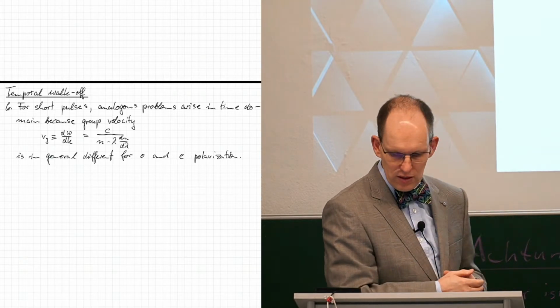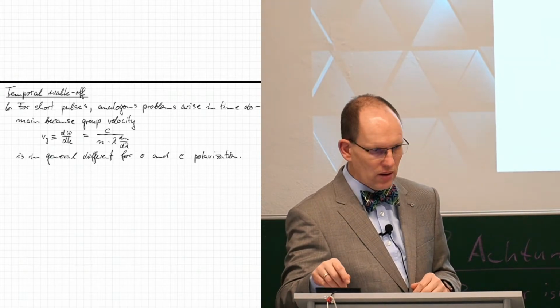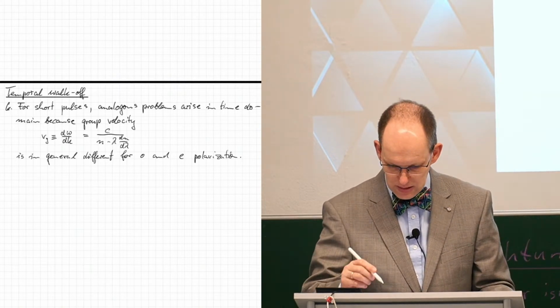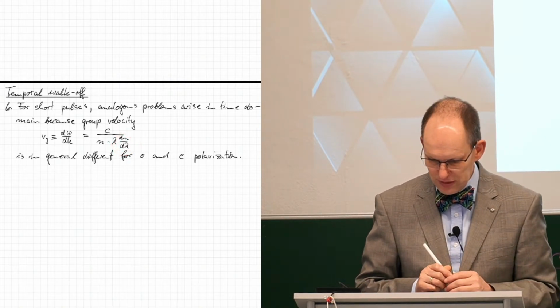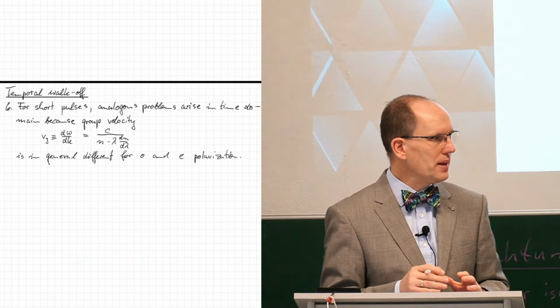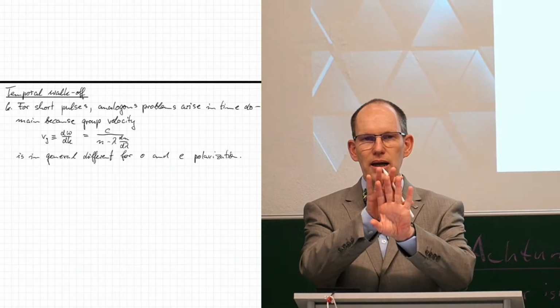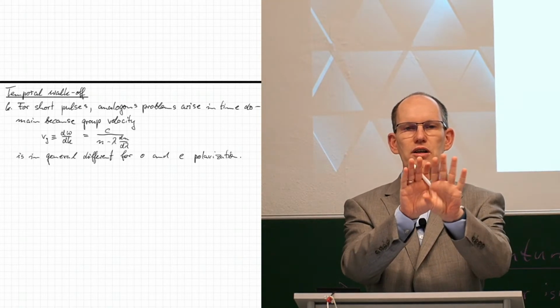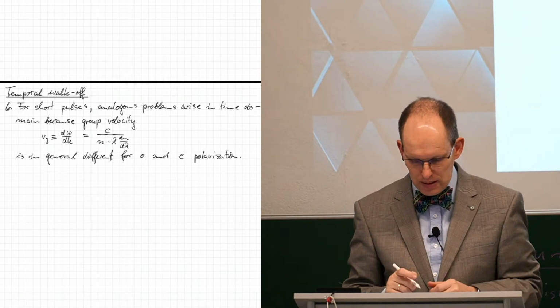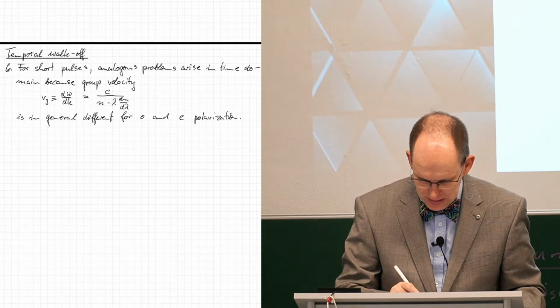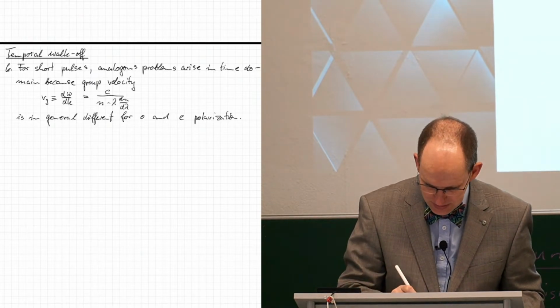For the group velocity, it depends on this derivative here. Then we can calculate the difference between the maxima of the pulse. So this is what we do next.